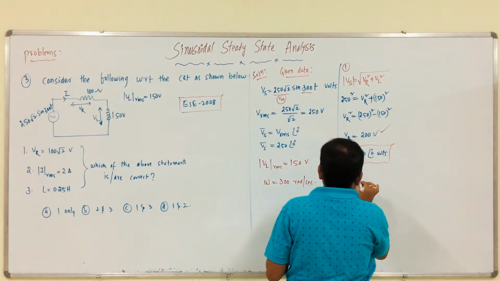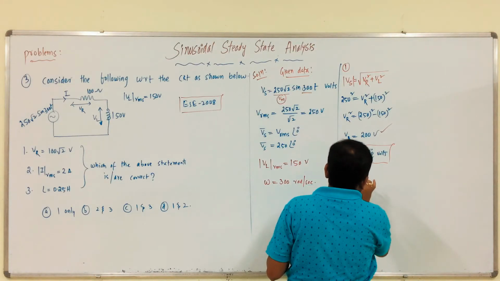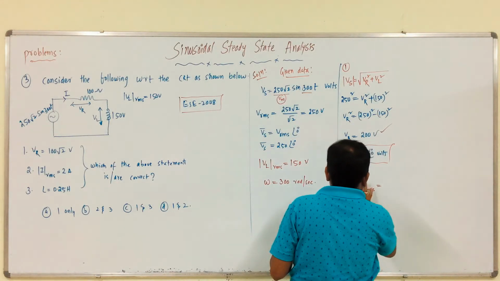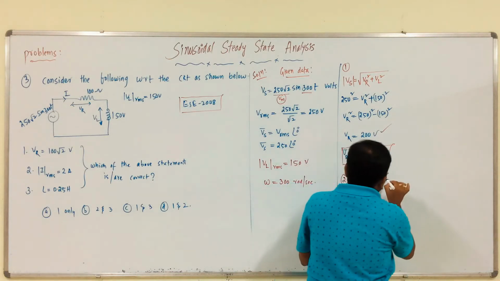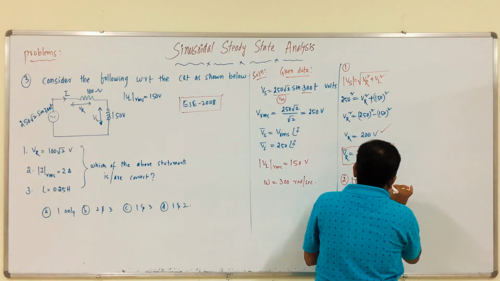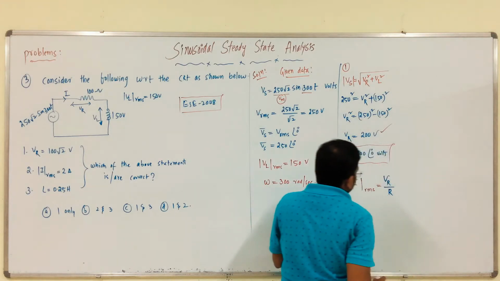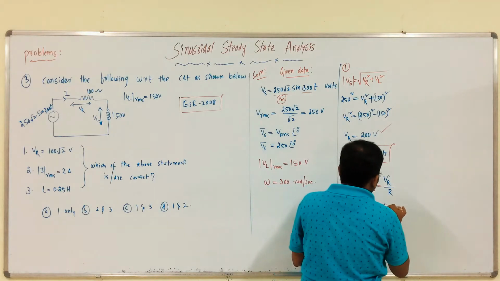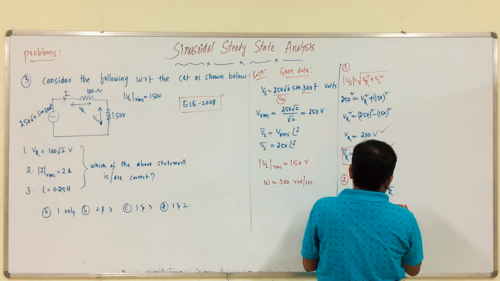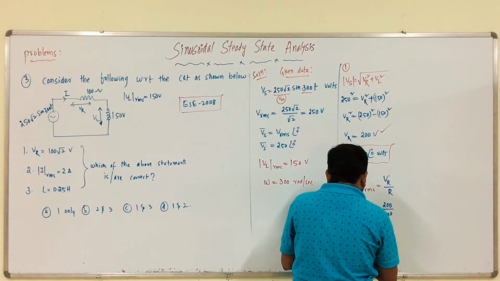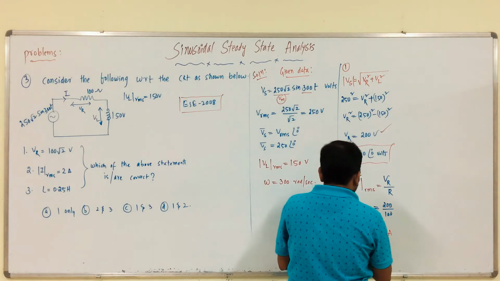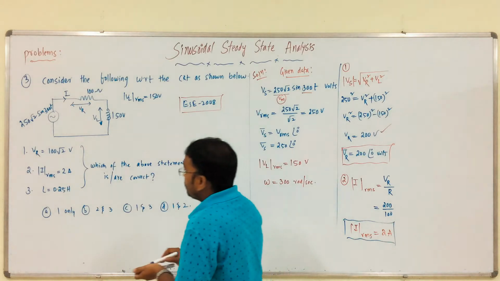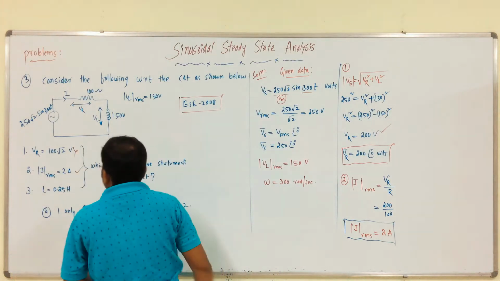Therefore the current in the series circuit is 2 amps. So this is correct.